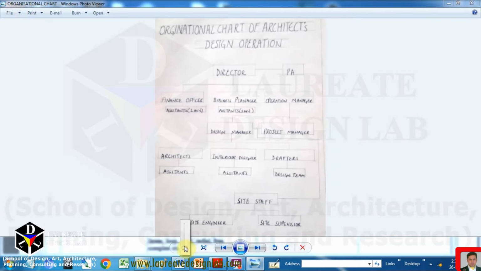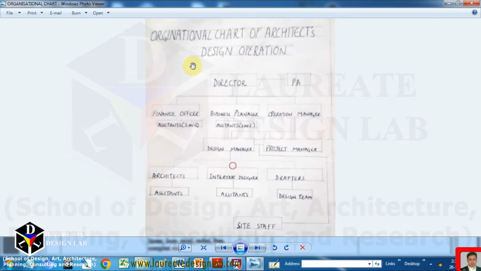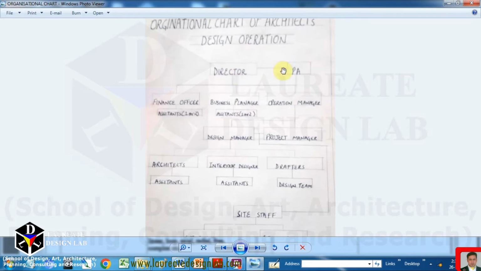You can see this organizational chart of an architect's design operation. So there's the director, PA, finance officer, business manager or planner, then operation manager.